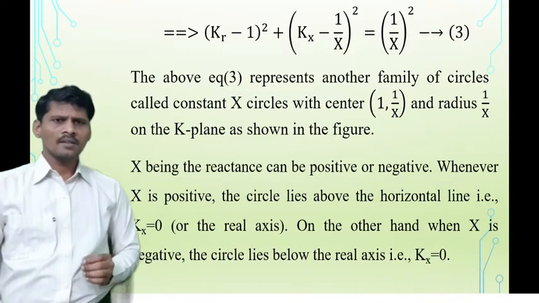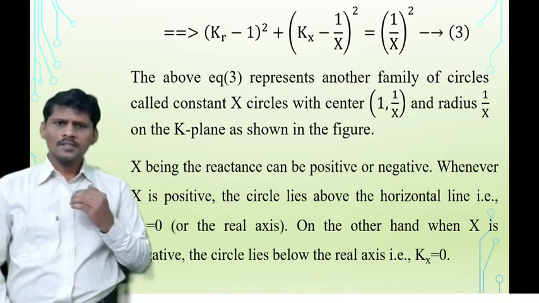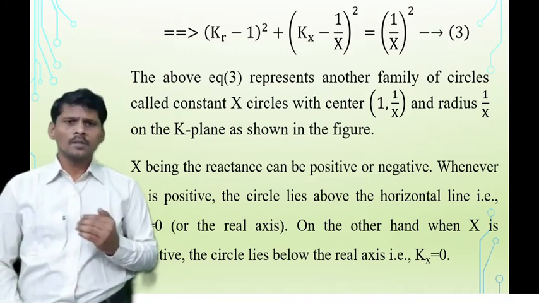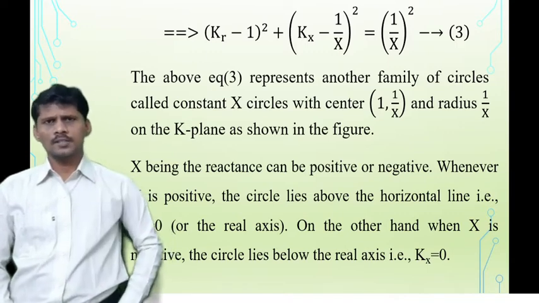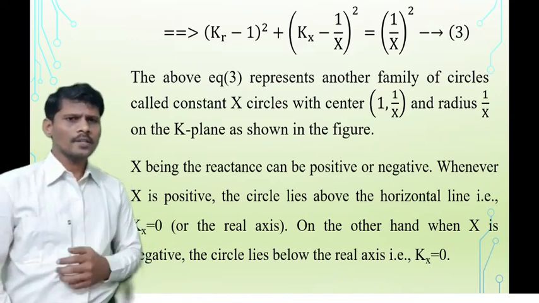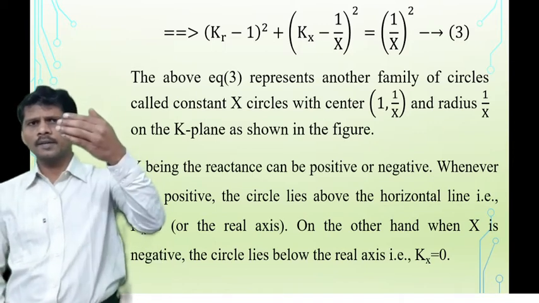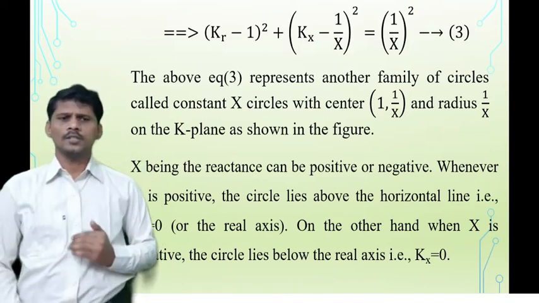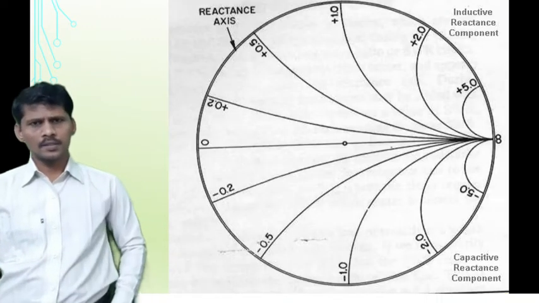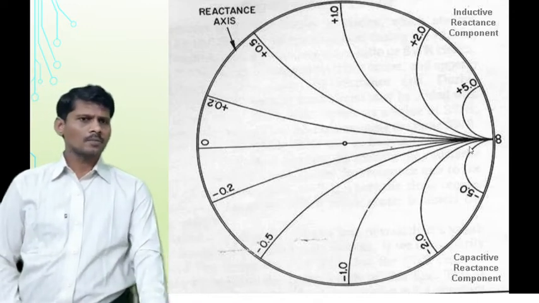Here x is the reactance. Reactance can be positive or negative. When the reactance is positive, the circle lies above the horizontal line. When the reactance is negative, the circle lies below the horizontal line. See in this figure, this is the real part and this is the imaginary part.